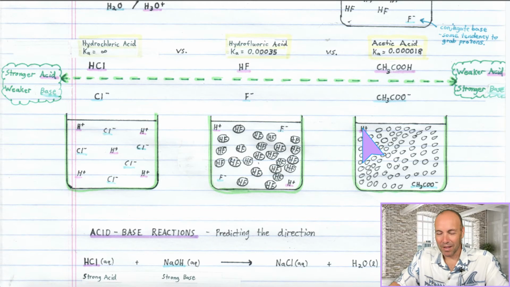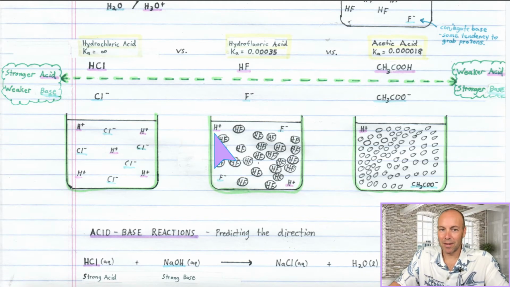And so you might have a proton here and there, and the acetate anion, but the vast majority of acetic acid in solution is as undissociated molecules. And so we say that the acetate anion would much rather have a proton. It's more basic than the F minus.